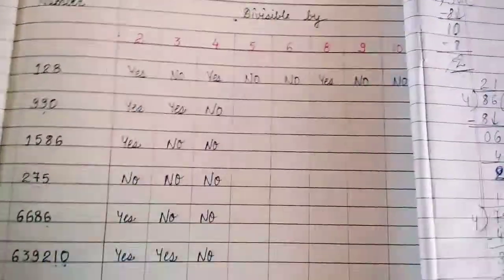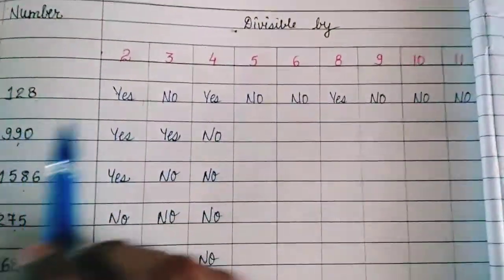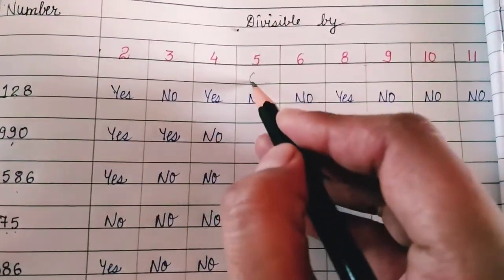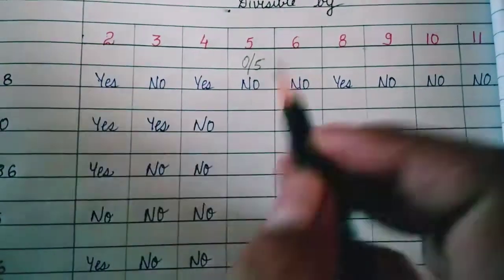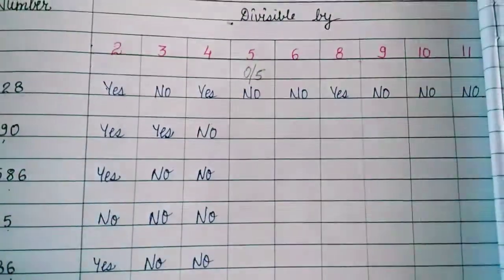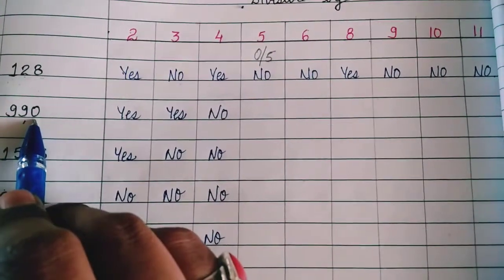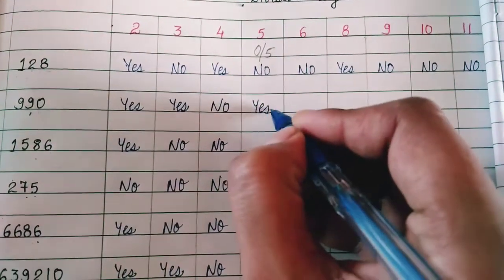Then the next is divisibility for 5. If the unit place contains either 0 or 5, only in that condition can the number be divisible by 5. So here we have the unit place as 0, yes.